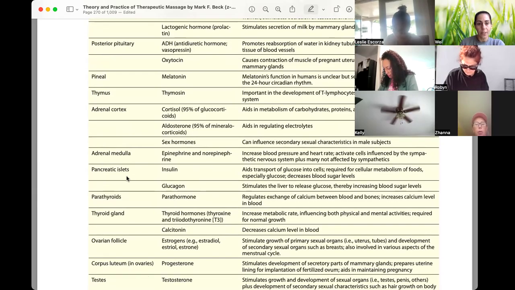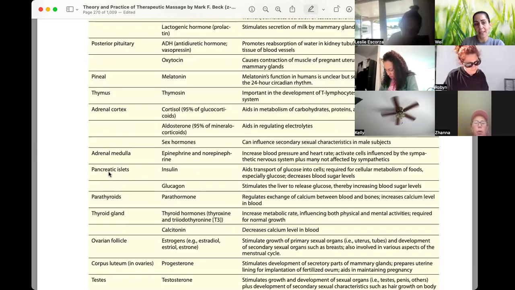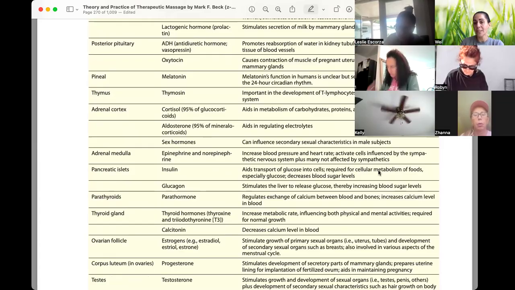Okay, so for the pancreas, you can write pancreatic islets. Insulin is the first one. So what does insulin do? When sugar comes in, insulin comes into play. It aids transport of glucose into cells, from the bloodstream to the cell, required for cellular metabolism of food, regulating glucose and decreasing blood sugar level.